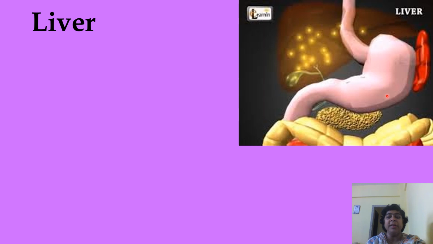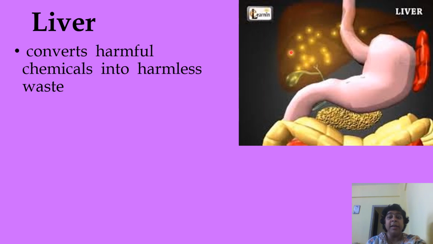The liver. Can you see over here, children? The liver. This is our stomach. This is the liver. Liver converts the harmful chemicals into harmless waste. Now, children, we eat spicy food, chaat masalas, samosas, and all kinds of spicy food, lovely oily food. Those are harmful for us.